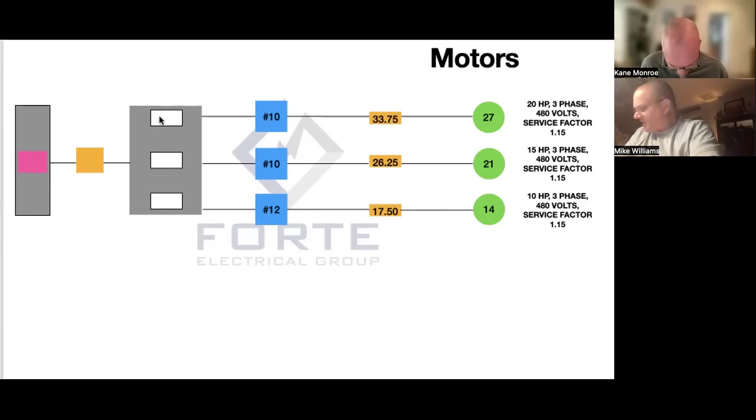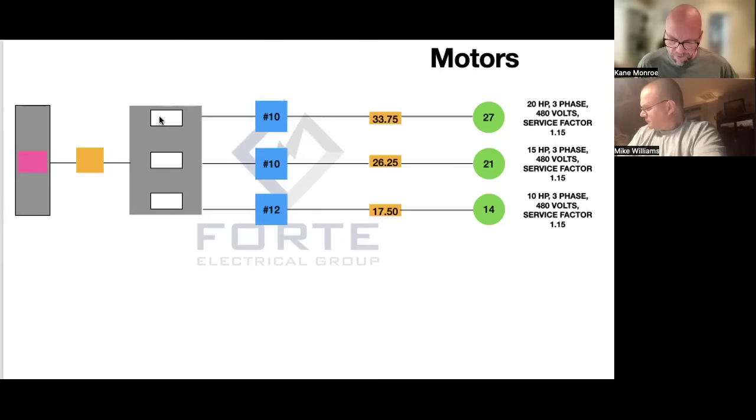So it's 47.25, and then 240.6A on the table. Double checking myself, that should give you an overcurrent protection rating.